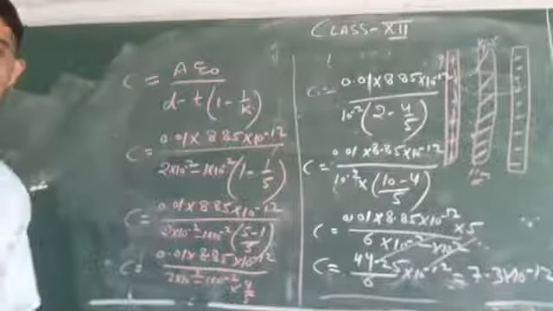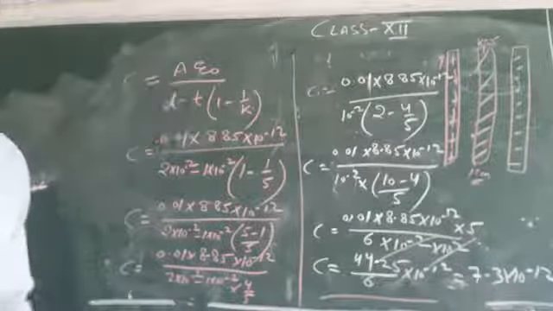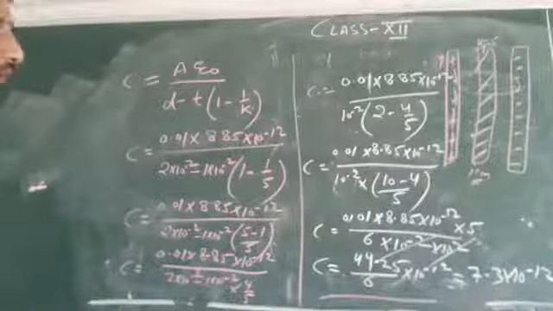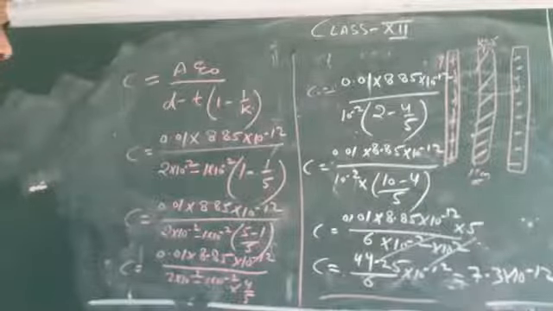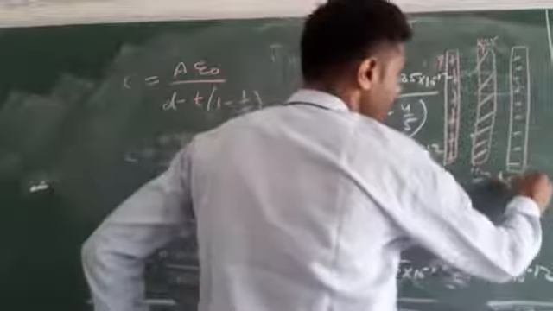So what is the value without the dielectric slab? The value is 4.4 into 10 to the power minus 12. But when the dielectric slab is introduced, the value becomes 7.3 into 10 to the power minus 12 farad.